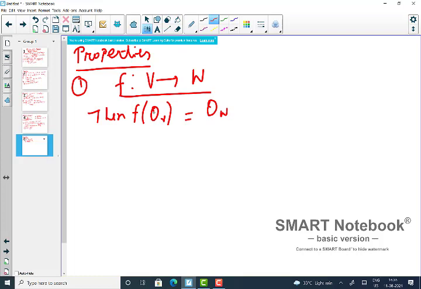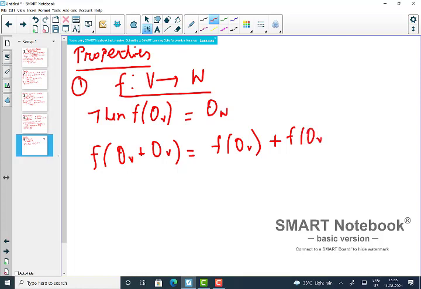And the proof is simple. You need to use the first property. This first property tells you that f of 0_V plus f of 0_V is nothing but f of 0_V plus 0_V, the first property of linear maps. But when you add two zero vectors, you know this is again the zero vector.